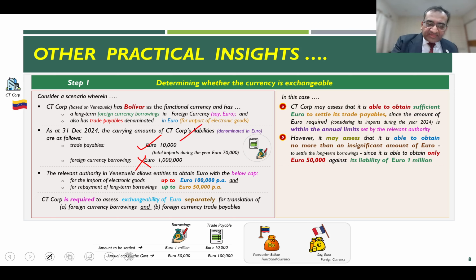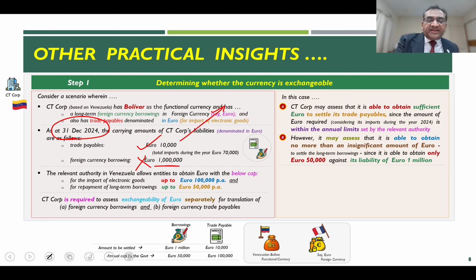Therefore, for this item, they will apply the normal requirements under Ind AS 21 and IAS 21. That means they will restate these trade payables or translate them at the closing exchange rate between Bolivar and euro at the measurement date, which is 31st of December 2024.